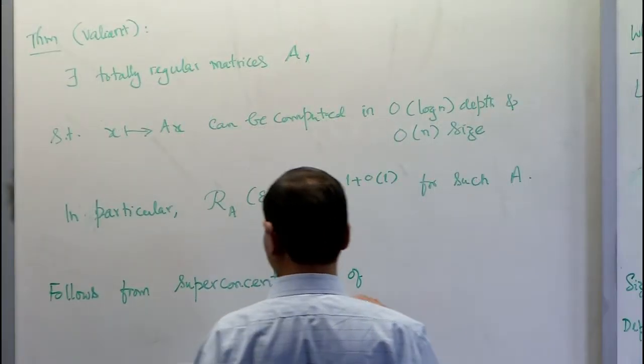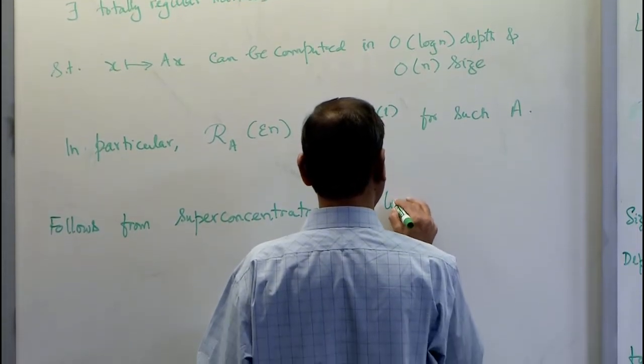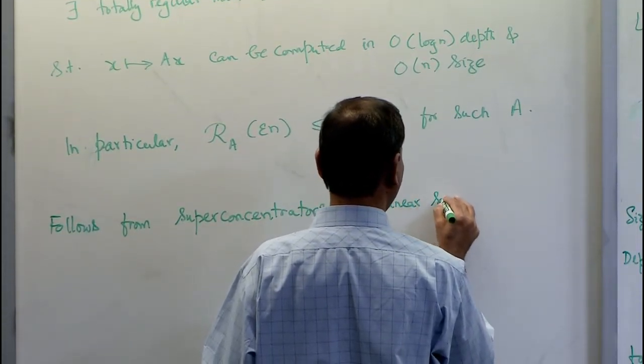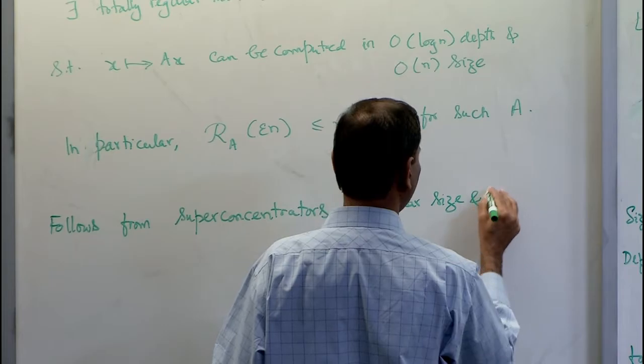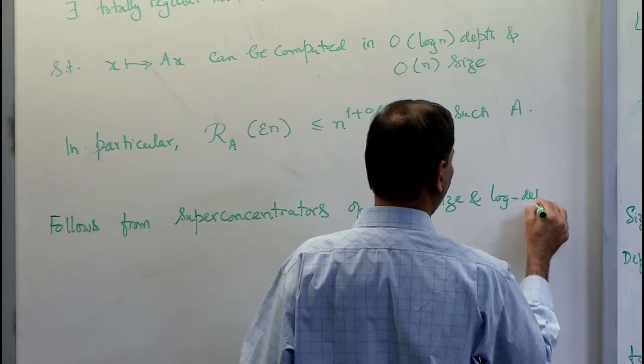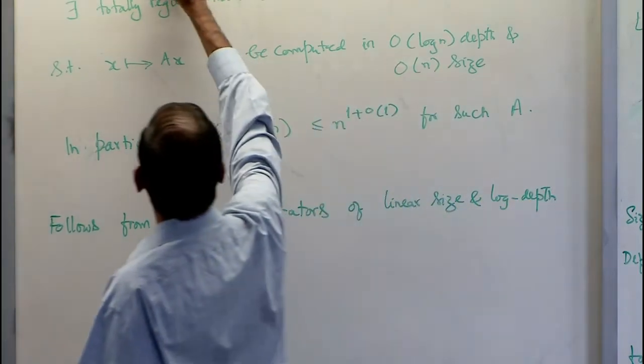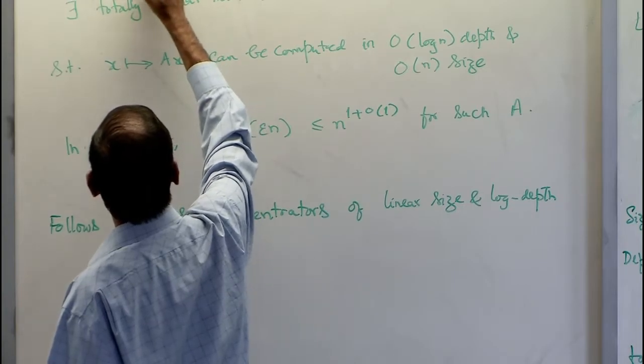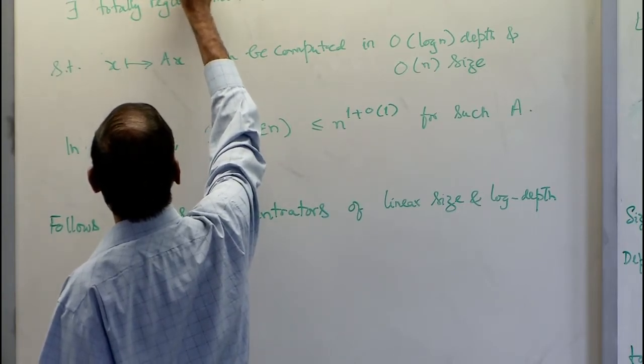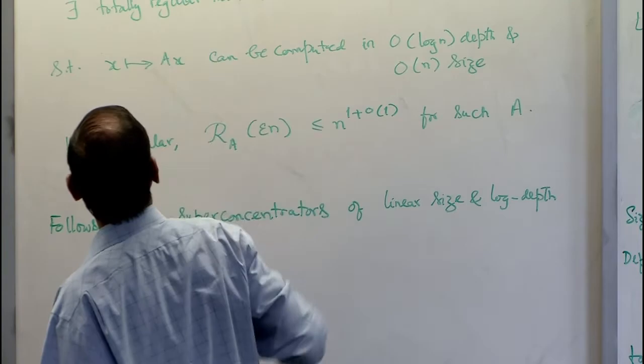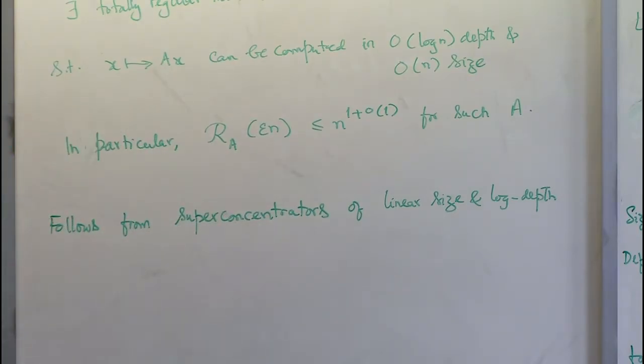Again, I won't go into that. Superconcentrators of linear size and logarithmic depth. Or actually, I should say, the construction also, from here to computing this, is actually a result due to Strassen.